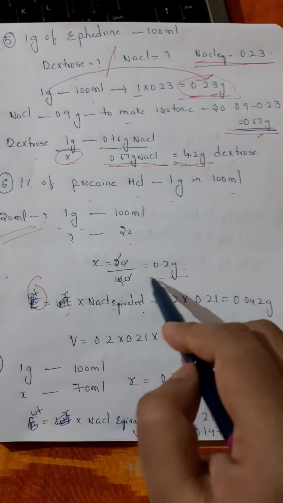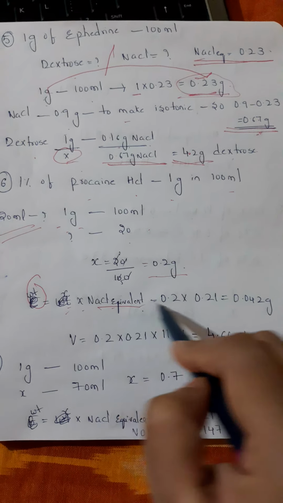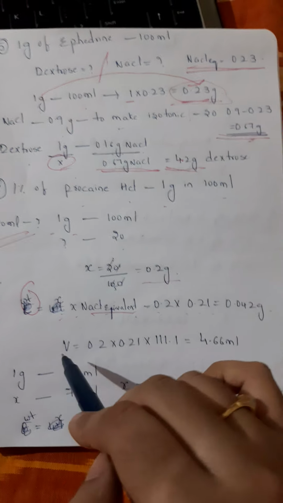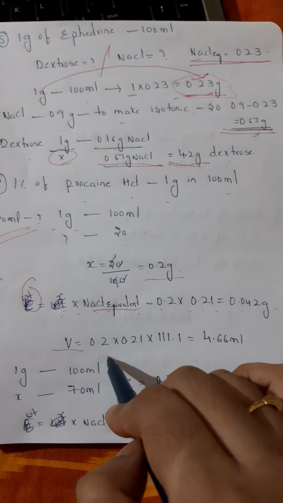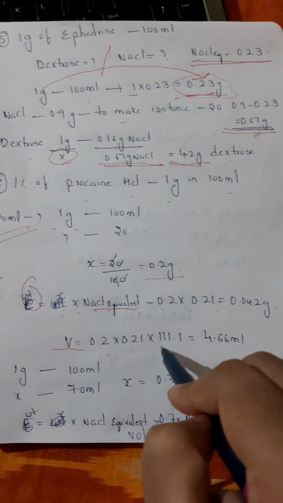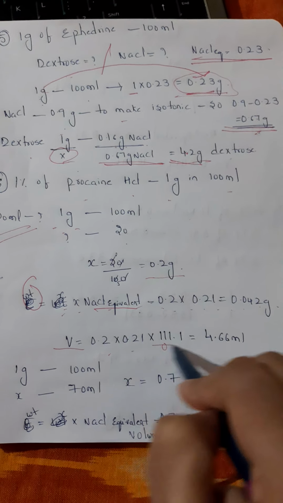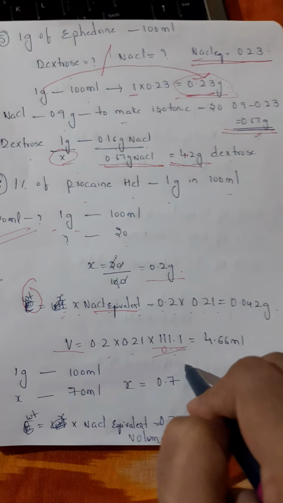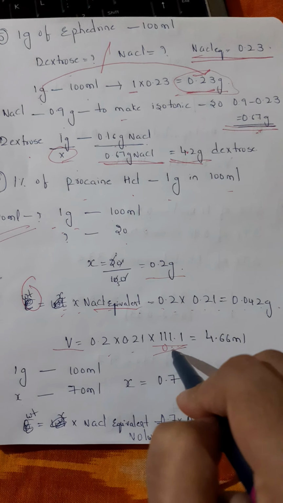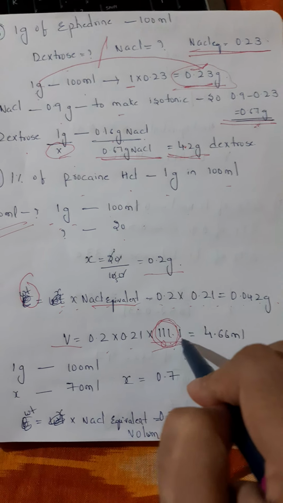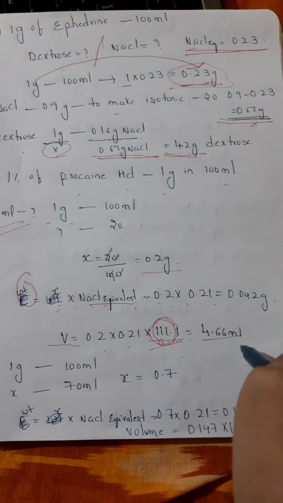X is equal to 0.2 grams and the sodium chloride equivalent is 0.21. Now the volume required is 0.2 into 0.21 into 111.1, that is nothing but 9 by 100, so we got 4.66 ml.